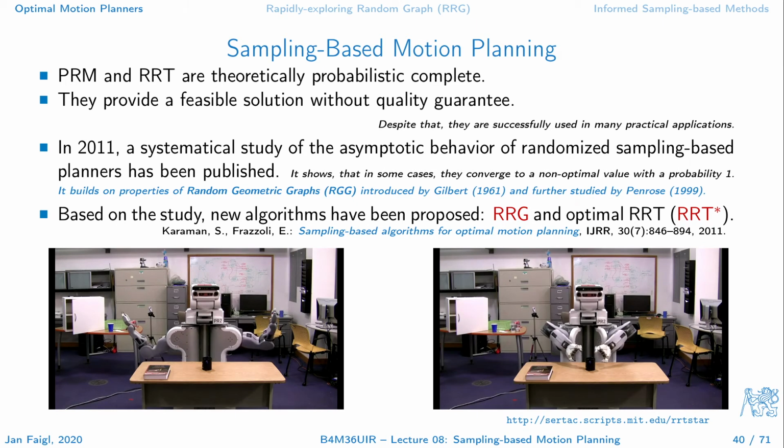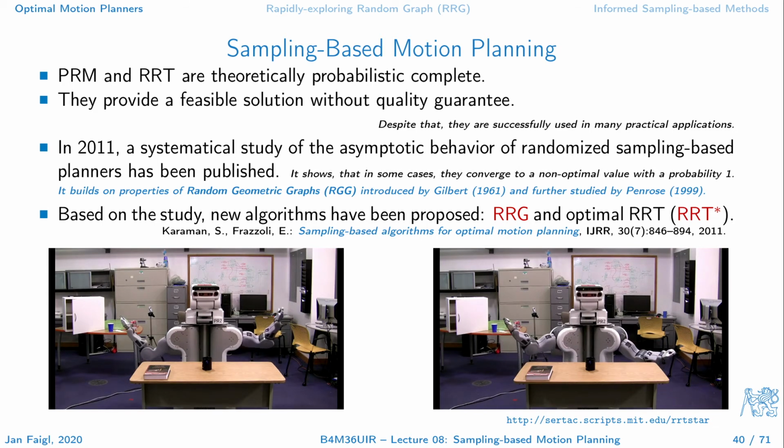What you can see in these animations is the performance of the robot using RRT, and this is RRT star. So this is denser, and this seems to be a robot trying to pick up the cap. And that is the difference. This is not optimal.